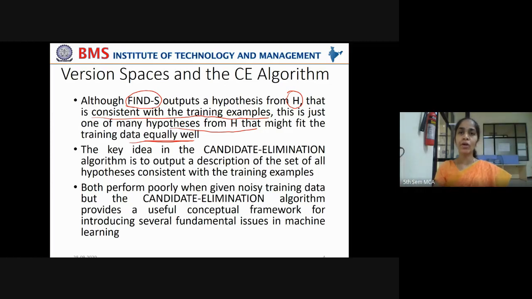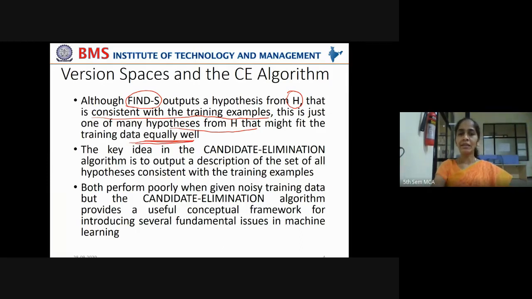The hypotheses that you take can be multiple. One single hypothesis can't explain everything, so there can be multiple hypotheses which would cover the entire set of training examples given. So Find-S may output one single hypothesis or multiple hypotheses, so that it explains the training examples given to the machine.